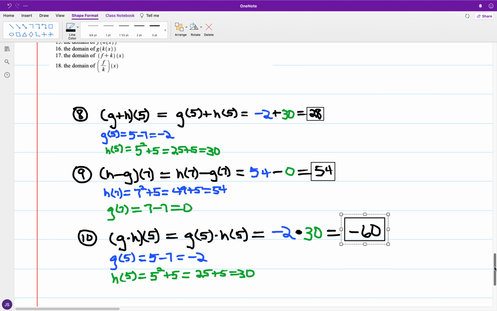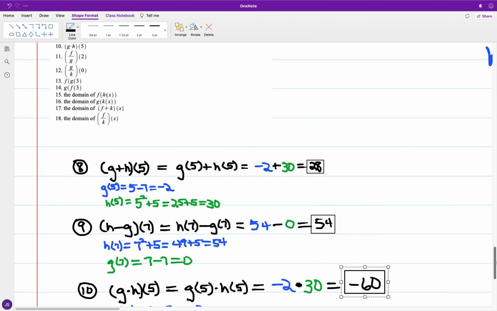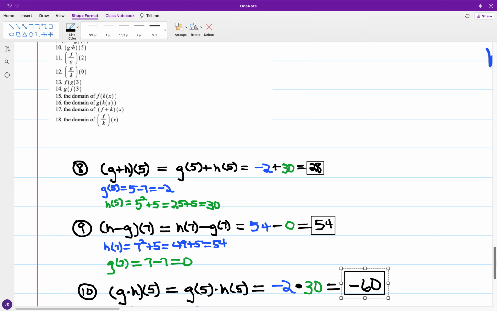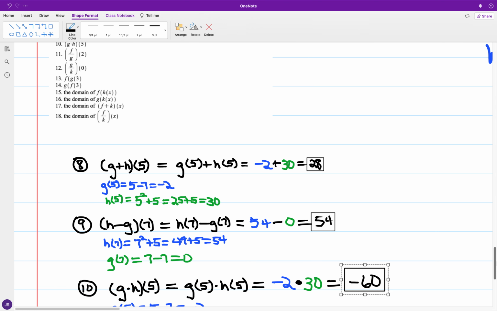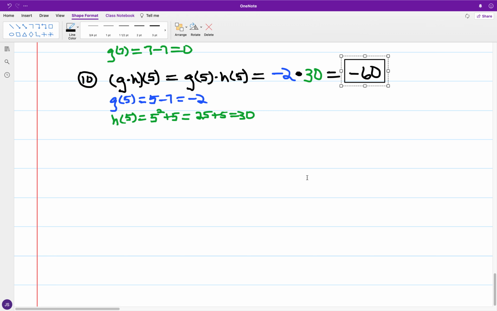Now, looking at the next portion, we're looking at the involvement of the function f.